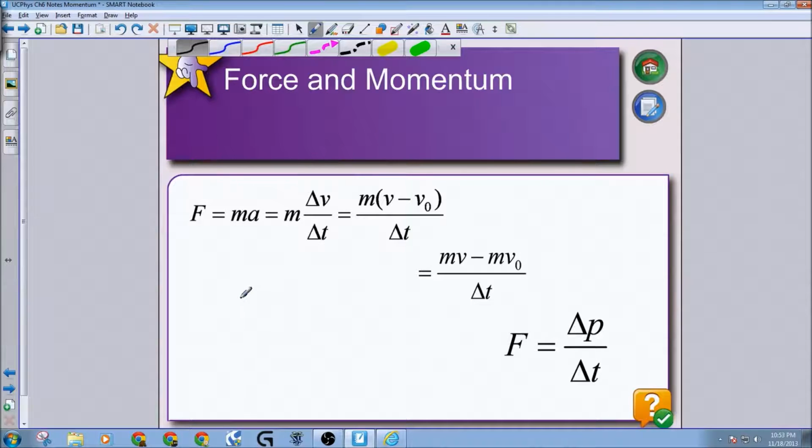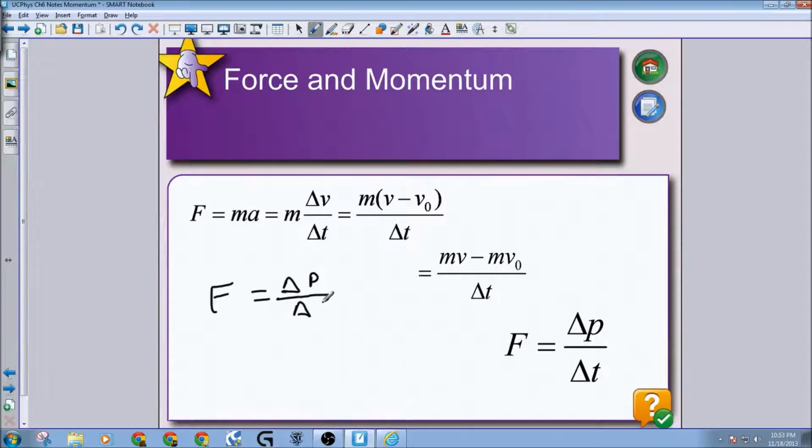So here I would write F equals delta P over delta T. Multiply both sides by delta T. This cancels, that cancels. So we get change in momentum equals change in time times force.